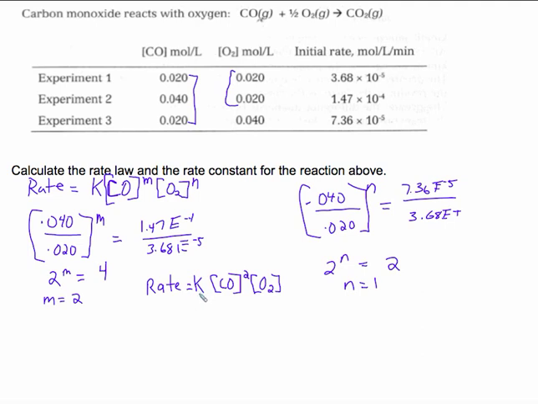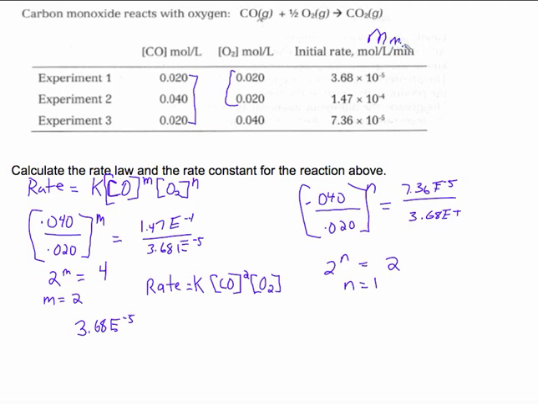Now the next step would be to get what the rate constant K is equal to. You just pick an experiment. I'll pick experiment 1, and I'm going to put in the initial rate, which is 3.68 e to the minus 5. The units are moles per liter per minute. Moles per liter, I like to just change to one constant of molarity.